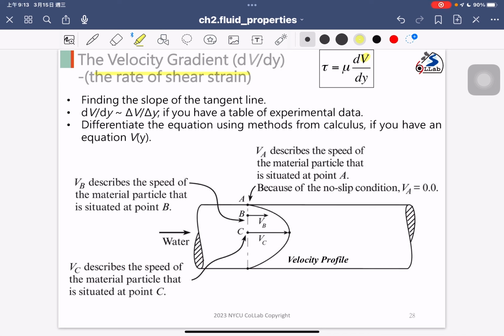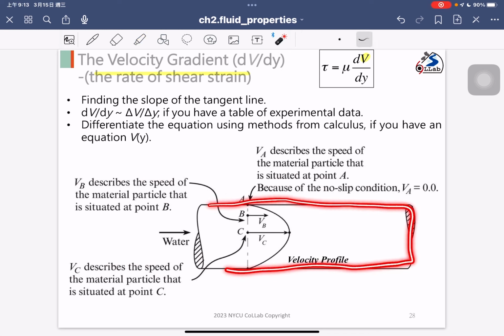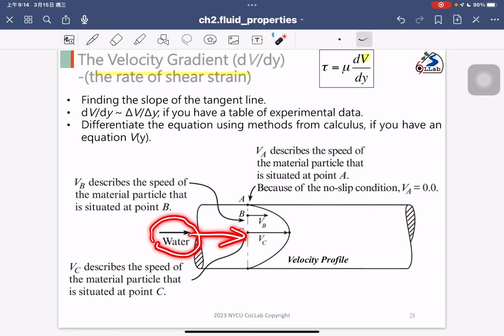This is a round pipe, and the flow direction in the pipe is from left to right. You can see there is a velocity profile we assumed.